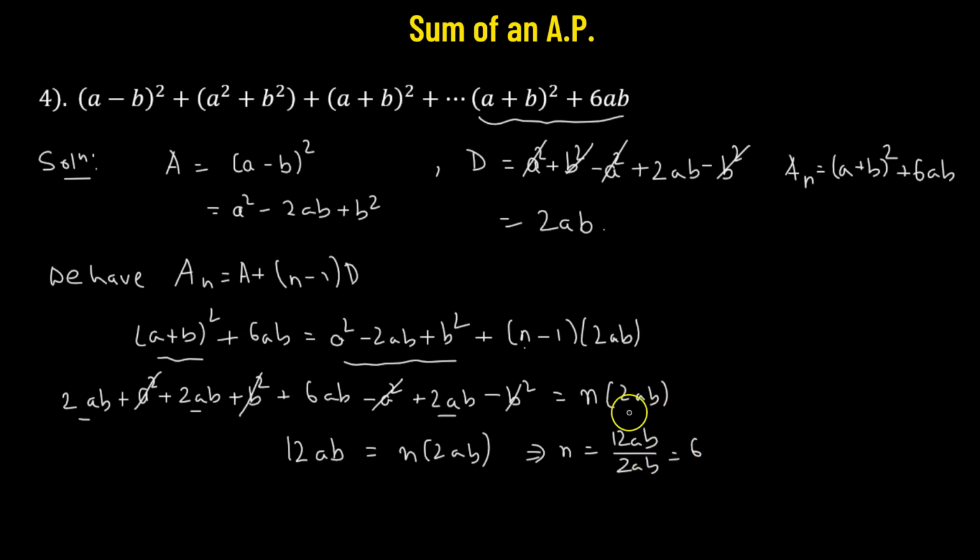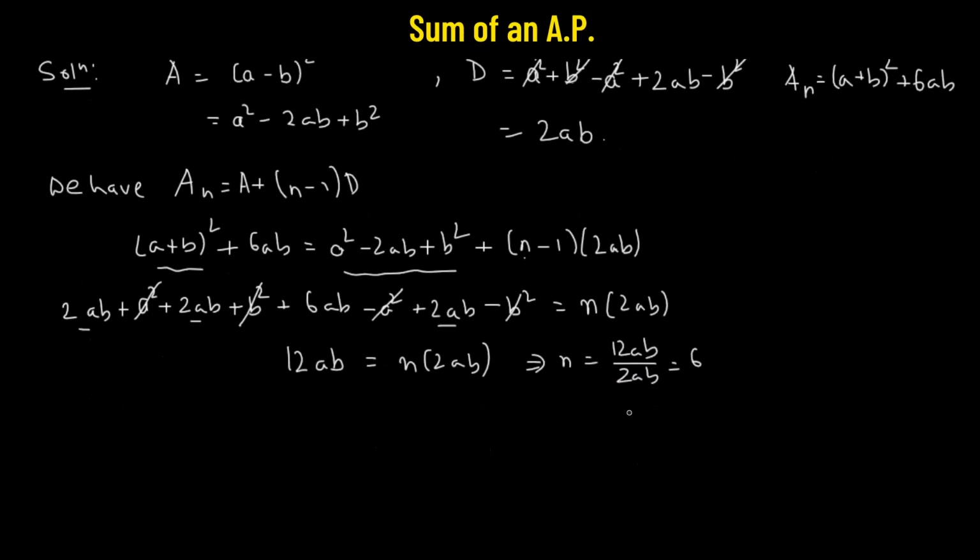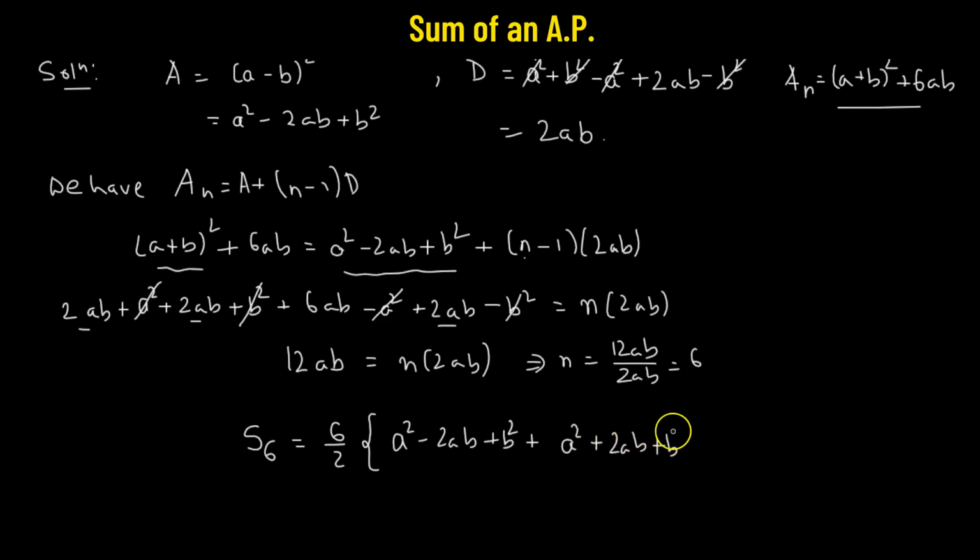Now using this, let's find out the sum up to the n terms. So Sn is actually S6, which will be equal to 6 divided by 2, all multiplied by our first term, which is a squared minus 2ab plus b squared, plus the last term. This is our nth term, which is a squared plus, we are expanding a plus b whole squared, a squared plus 2ab plus b squared plus 6ab.